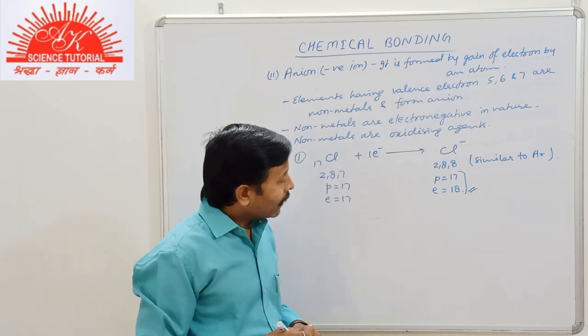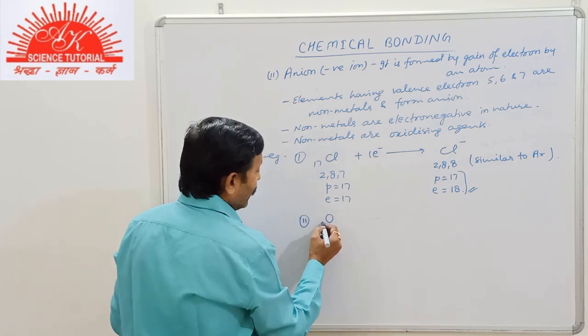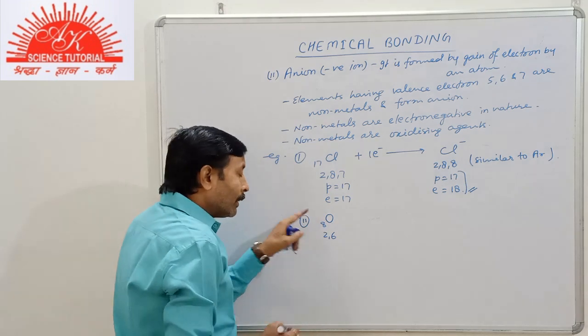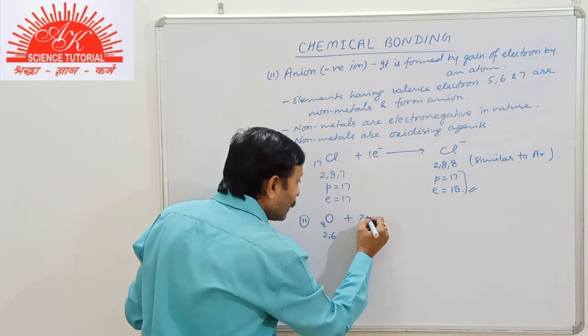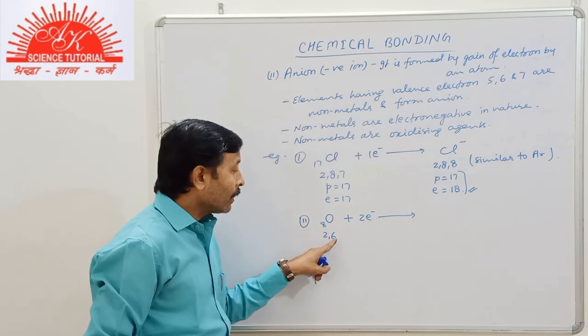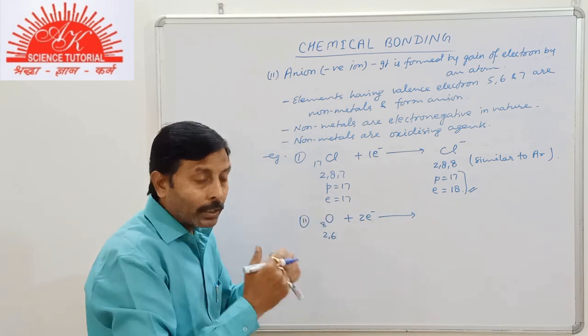Now you can take another example. Suppose we take oxygen, atomic number 8, configuration 2, 6. It needs 8 electrons in the valence shell, so it requires 2 more electrons.